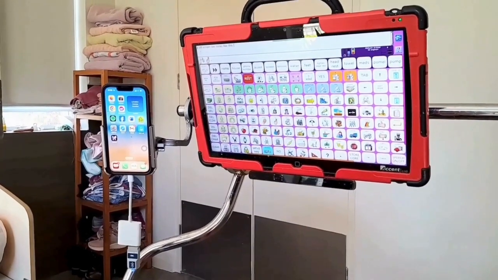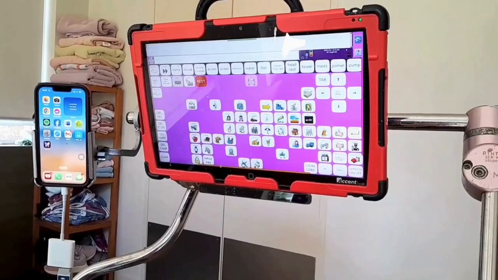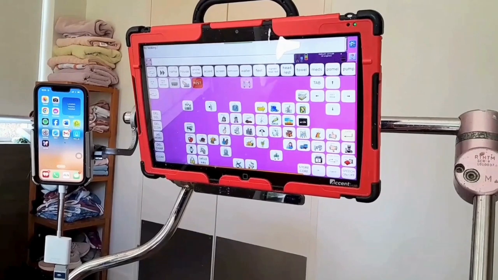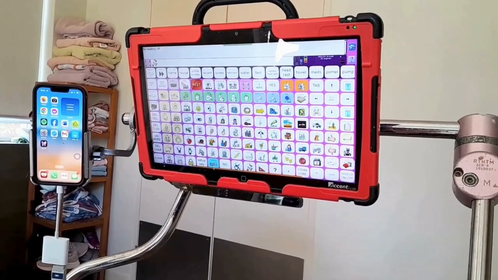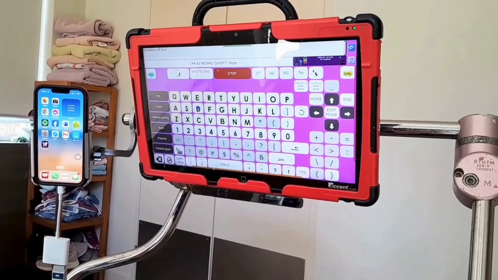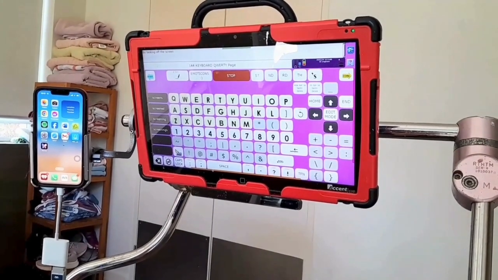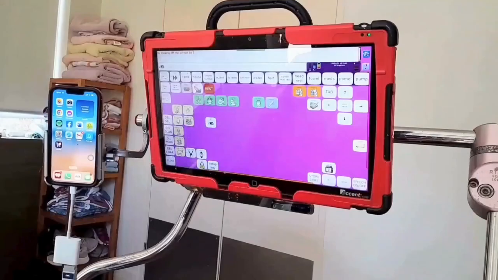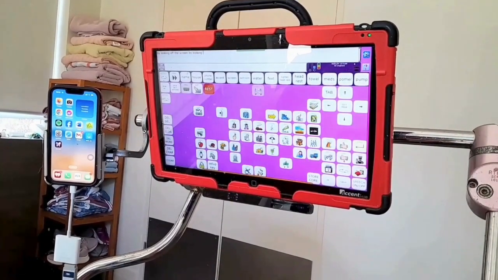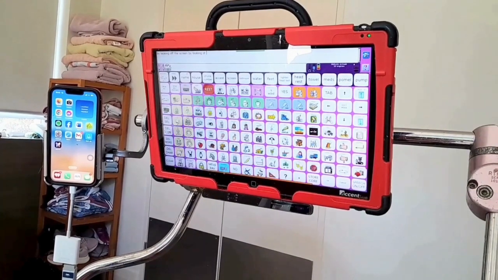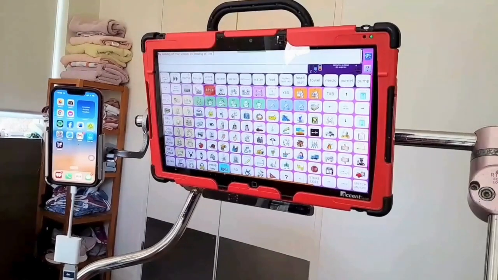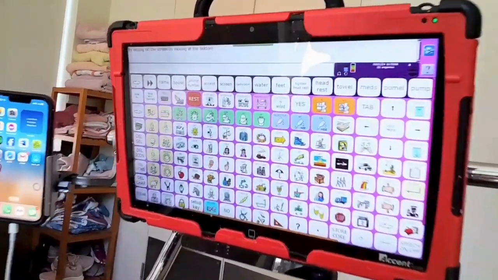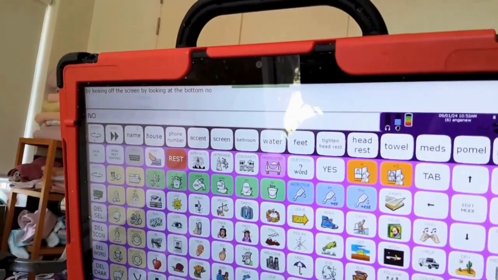The off-screen key looks like this. By looking off the screen, by looking at the bottom.